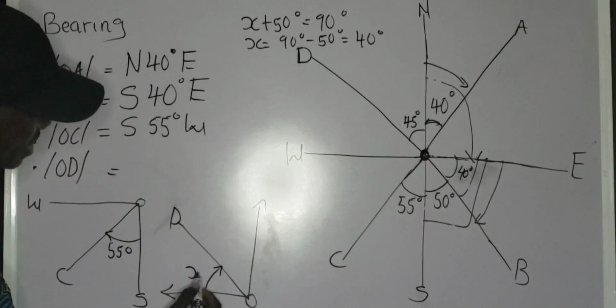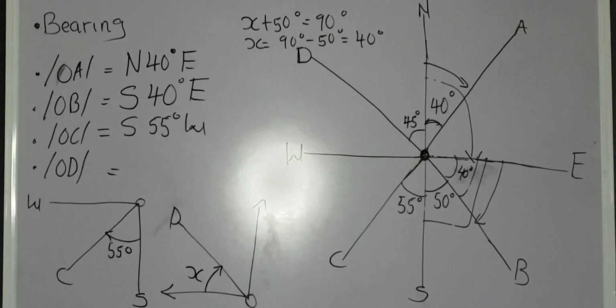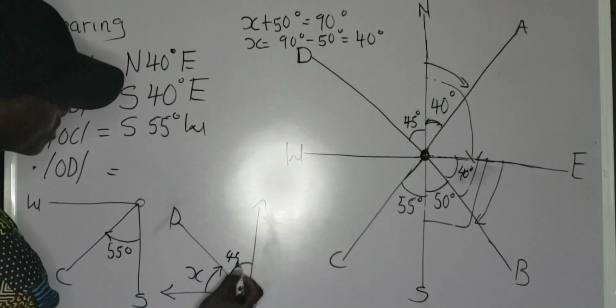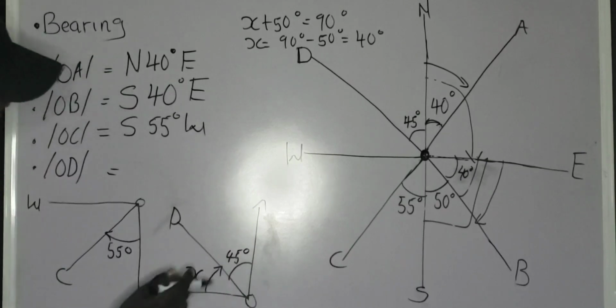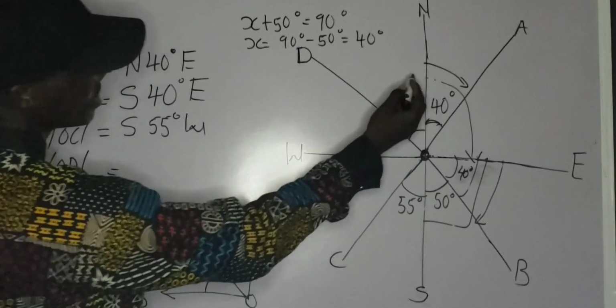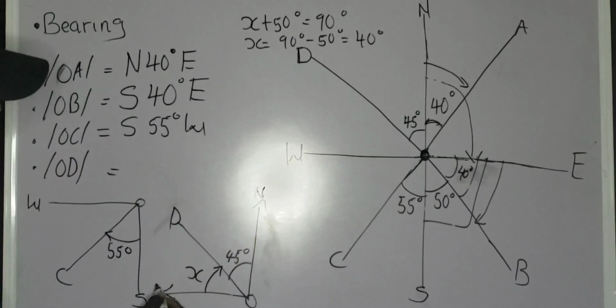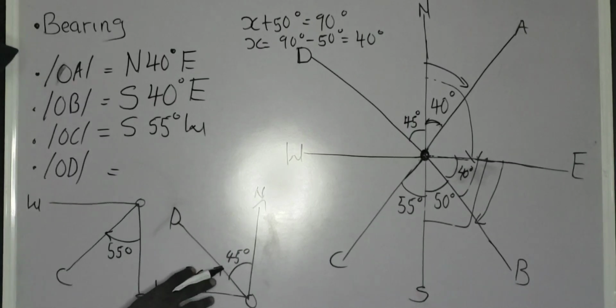Now the angle here is the angle that line OD makes with the meridian. How do we calculate this angle? We have been given that this angle is 45 degree. Let me put it north and west.